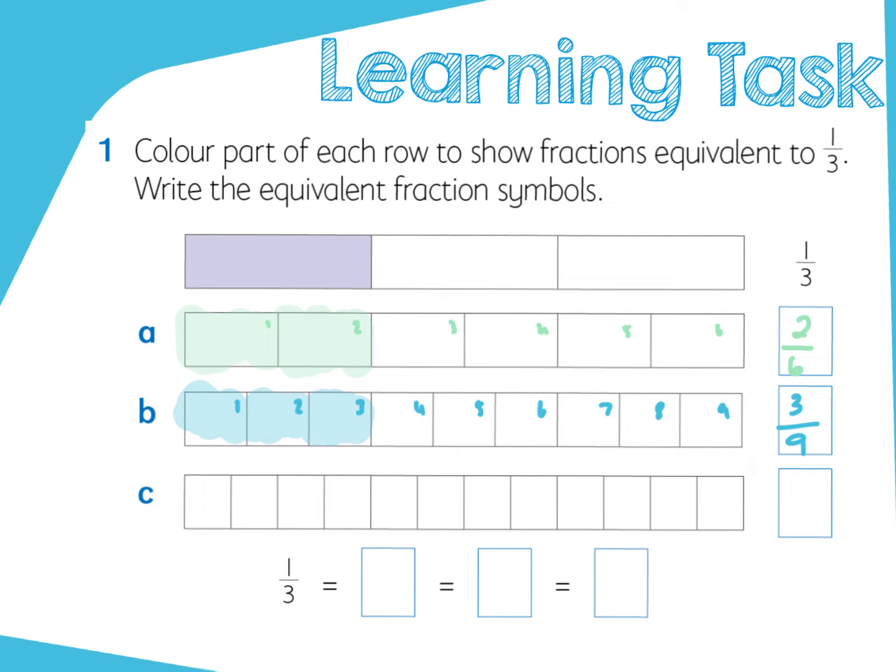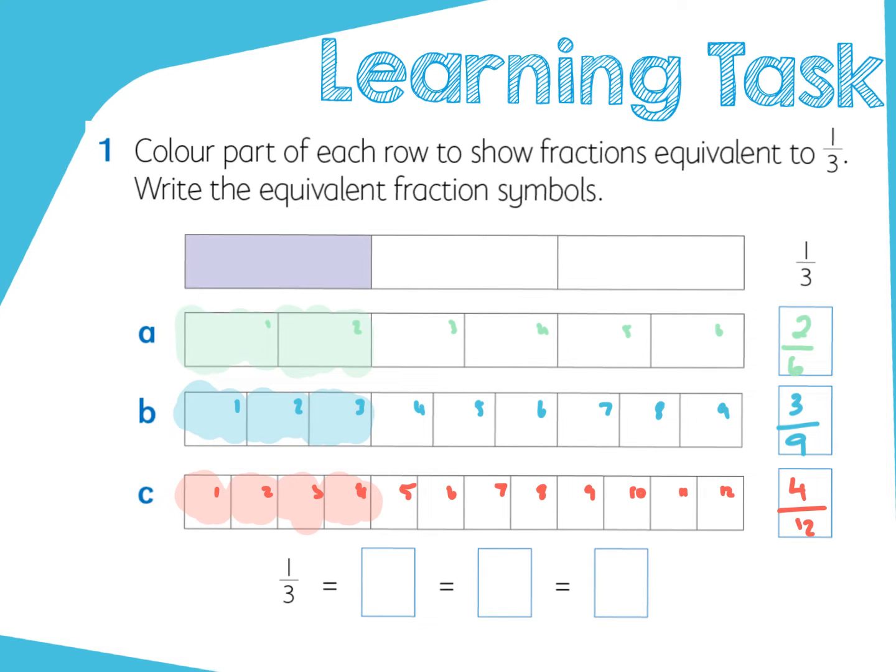And the final one is 1, 2, 3, 4. So my numerator is 4, and my denominator is 1, 2, 3, 4, 5, 6, 7, 8, 9, 10, 11, 12. 4 twelfths.